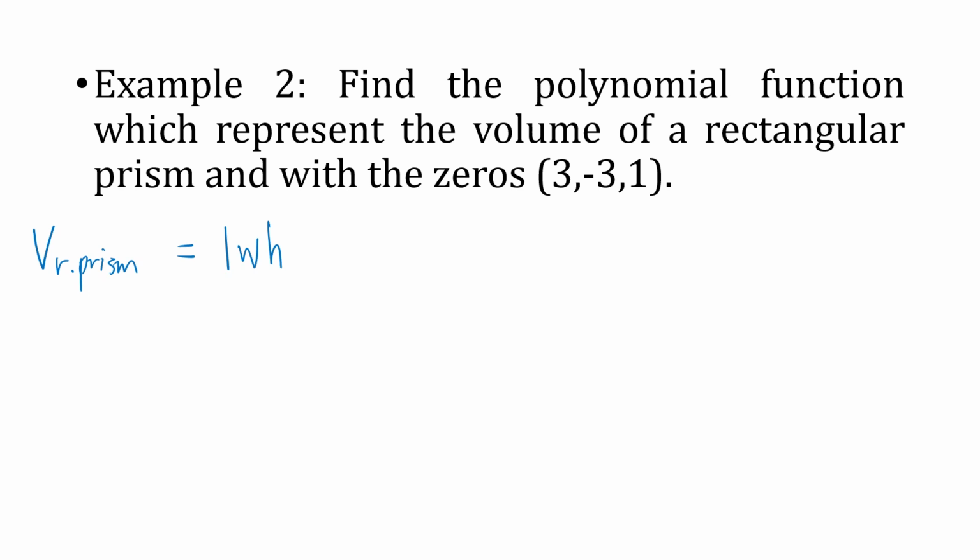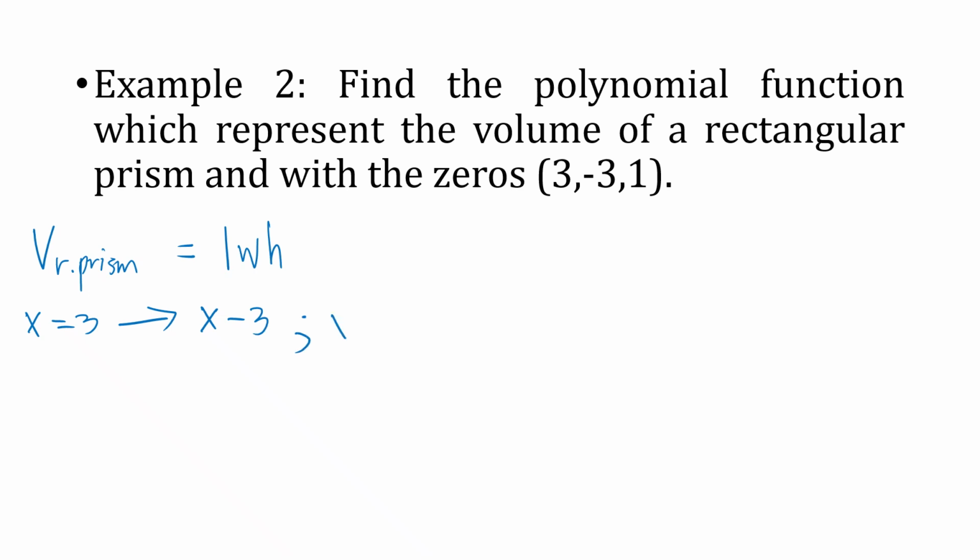Now, we're going to write the zeros as factors. So the given zeros are x is equal to 3. Now, if we're going to transform this into a factor form, that is x minus 3.